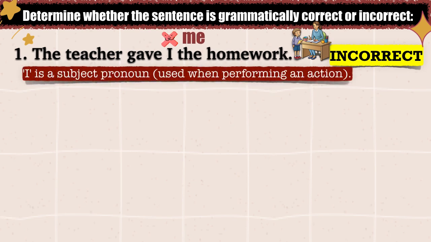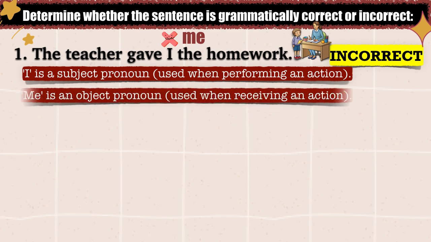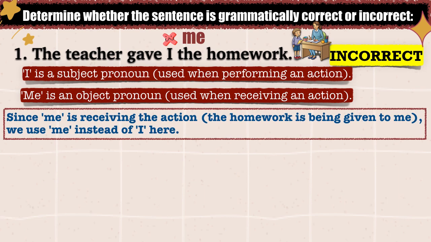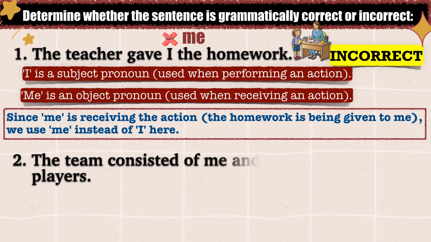Why? I is a subject pronoun used when performing an action. Me is an object pronoun used when receiving an action. Since me is receiving the action, the homework is being given to me. We use me instead of I here. Let's move on to the second sentence.